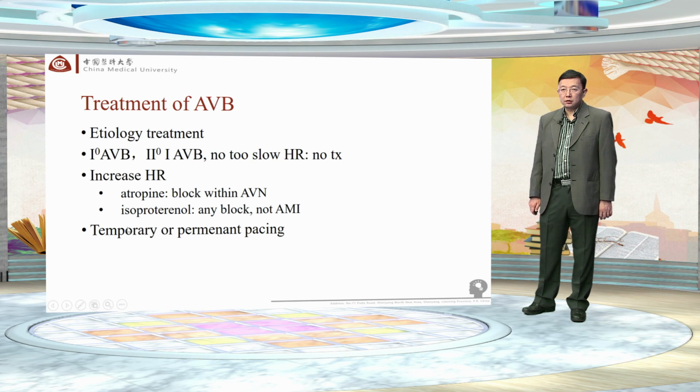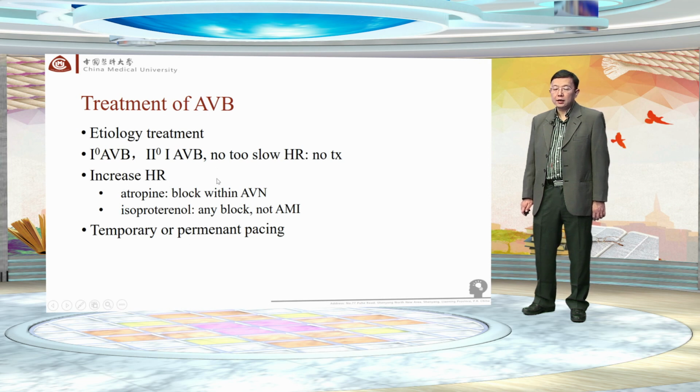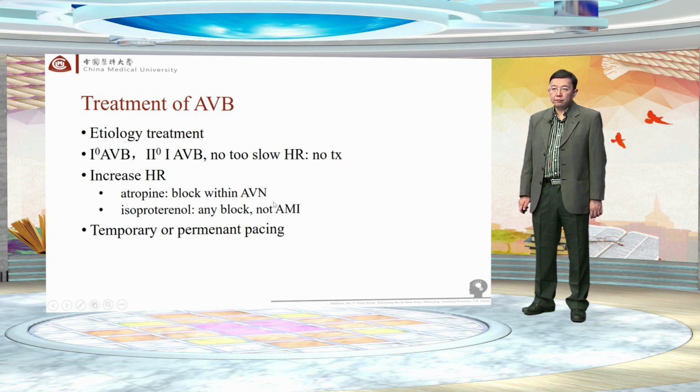We use atropine or isoproterenol intravenously. For acute myocardial infarction, we can't give isoproterenol. We give the patient atropine.